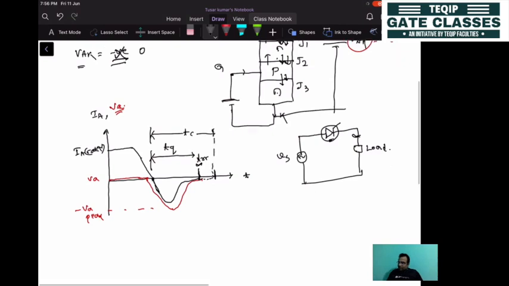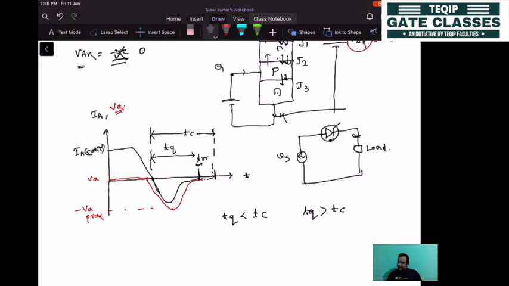Always make sure that the device turn off time is less than the circuit turn off time. Why is it essential? Because if the reverse happens, if the device turn off time is greater than the circuit turn off time, then the device will not be off but the circuit will be off. That will allow current to flow through the circuit.